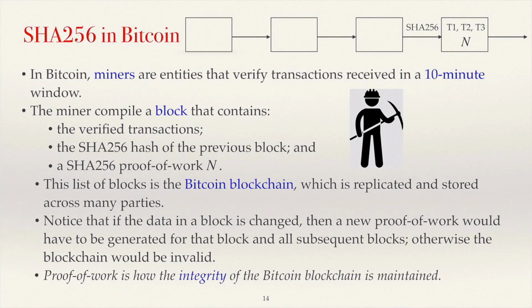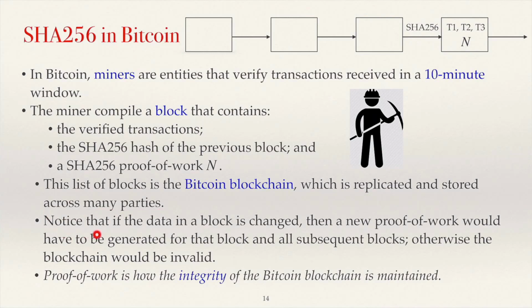So in other words, the hash of the message comprised of the hash of the previous block, the transactions, and the current nonce must begin with the prescribed number of zeros. This list of blocks is the Bitcoin blockchain, which is replicated and stored across many parties on the internet.